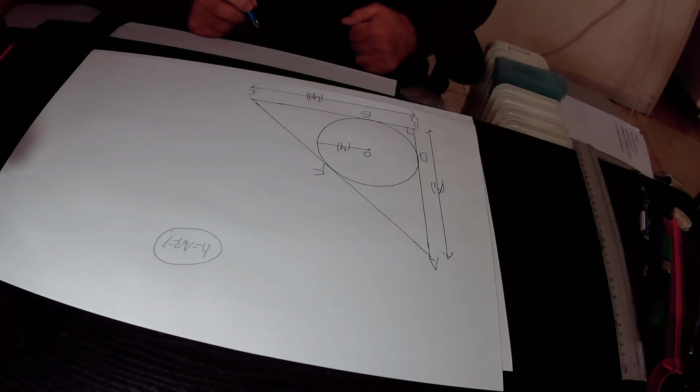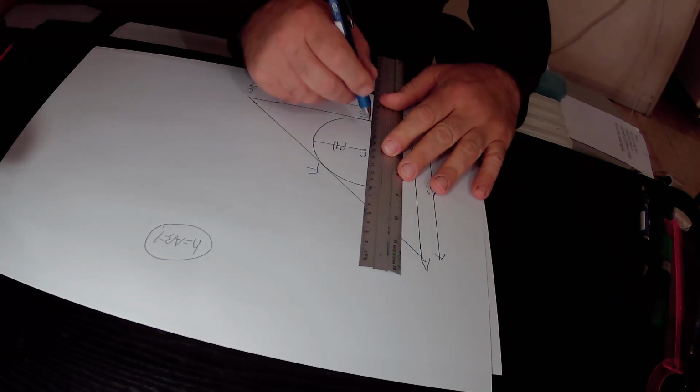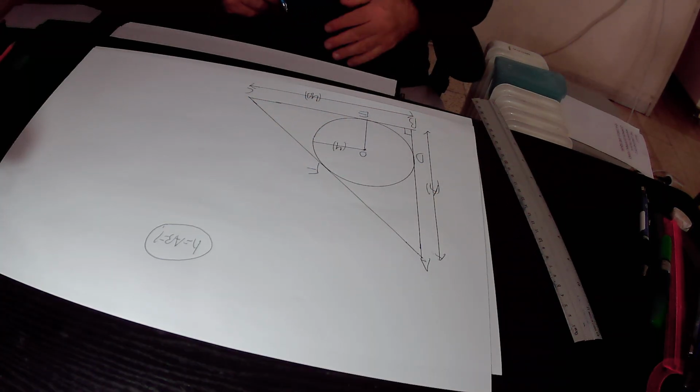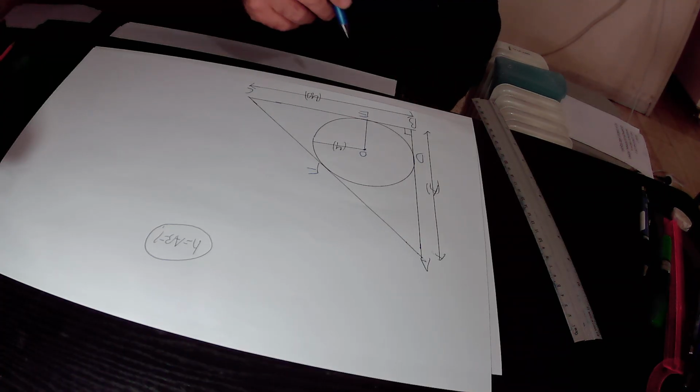The next step, we will join points O and E together by a straight line. Point O is the center of the circle, point E is a point on the circle itself, therefore OE is the radius of the circle, which equals 4.